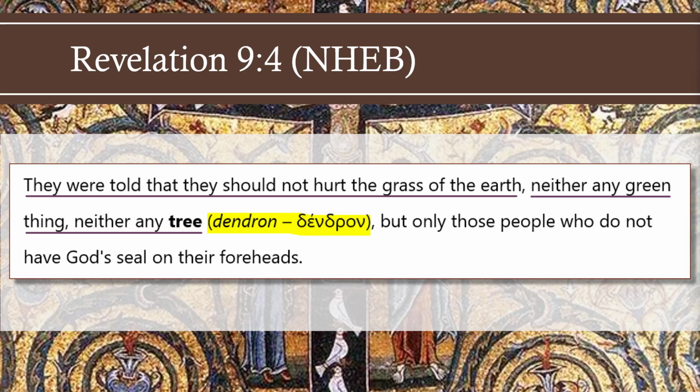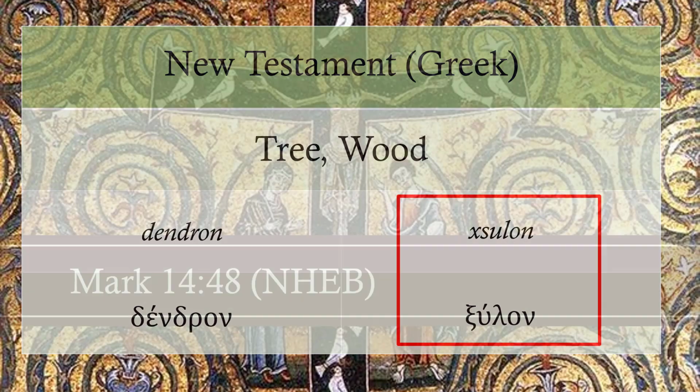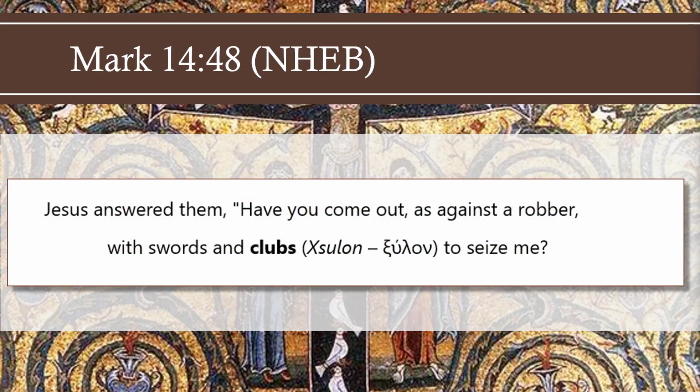But what about that other Greek word for tree? What about xulon? Well, xulon is defined as something that's made of wood, or wood that's not alive, not fruit-producing. For example, it's used as a cudgel or a club. So we see in Mark 14:48, this is when Jesus is being arrested the night before his crucifixion.